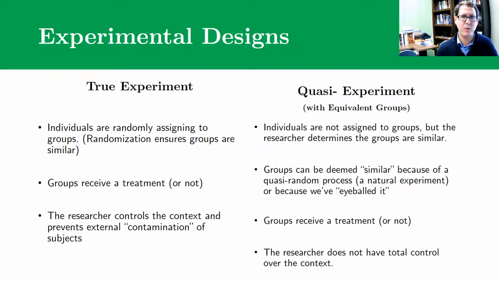And the ability to randomly assign to groups means that we can take advantage of the fact that random processes basically distribute things and people and cases in a way that's more or less even. Occasionally you'll get too many women and not enough men in one group and vice versa, but those differences are usually pretty small. And it's unlikely that we're going to see big, meaningful differences between groups.